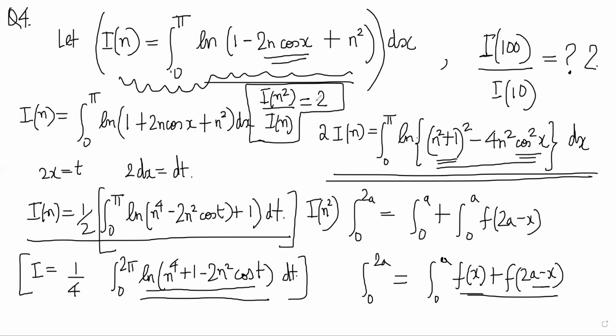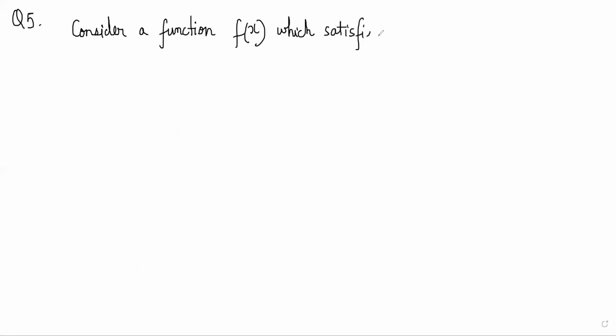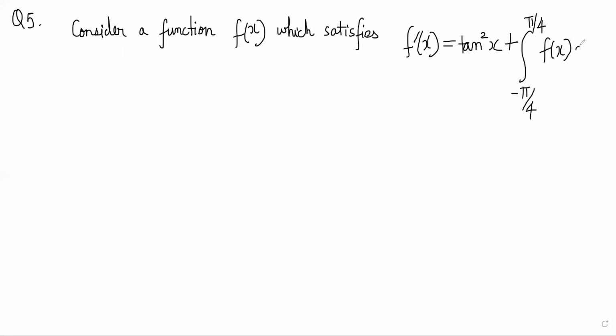Then the next one is this. Consider a function f of x which satisfies f dash x is equal to tan square x plus the integral from minus pi by 4 to pi by 4 of f of x dx.